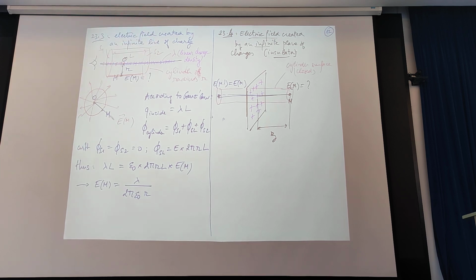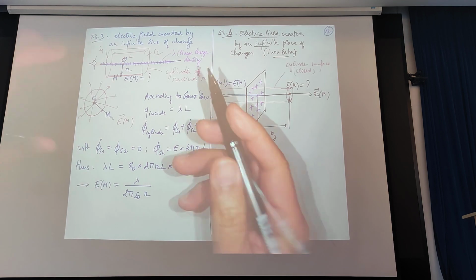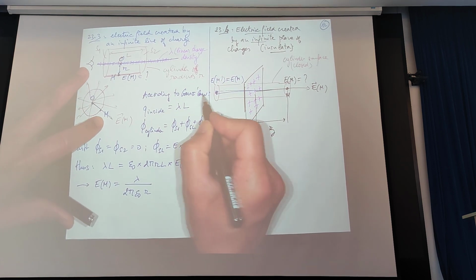According to you, how is the electric field oriented? Of course, because the plane is infinite, necessarily the electric field is oriented in that way, and in the opposite way on the other side, like this.